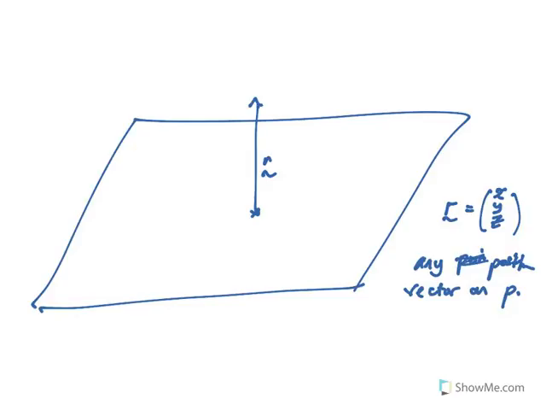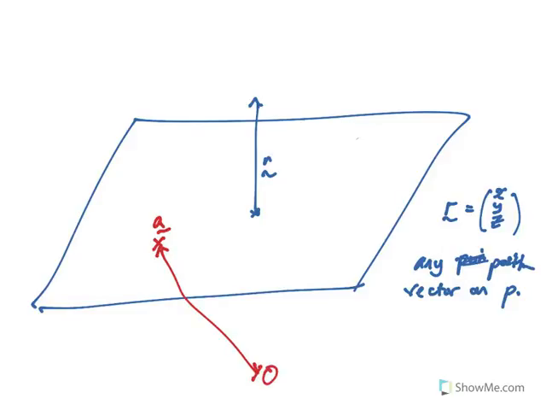The plane is passing through a point A with position vector A. It looks something like an umbrella, with the origin here.